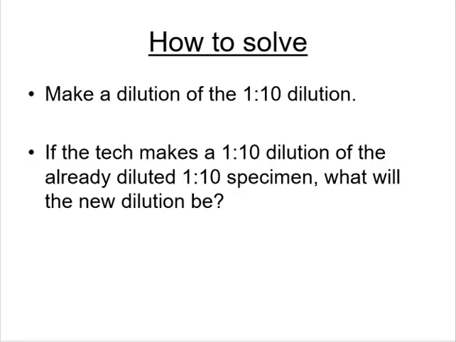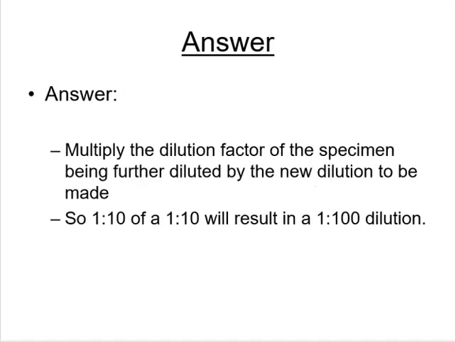So if the tech makes a 1 to 10 dilution of the already diluted 1 to 10 specimen, what will the new dilution be? So now we have to figure out the brand new dilution. So it's been diluted down twice. So the answer is you're going to multiply the dilution factors of the specimen being further diluted by the new dilution that's being made.